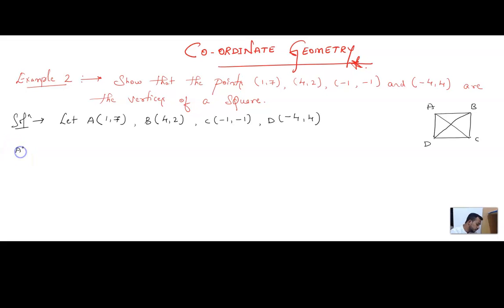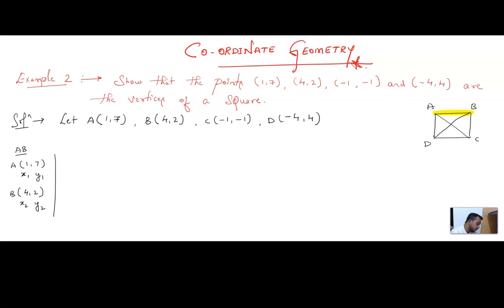So first we are going to find the distance between A and B. Can you see the distance AB? So in AB, first you write A coordinates and B coordinates. What are the coordinates of A? That is 1, 7. What are the coordinates of B? That is nothing but 4, 2. So always remember the first coordinates will be x1, y1 and the second coordinates will be x2 and y2.